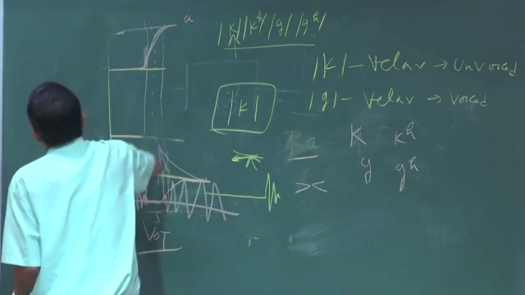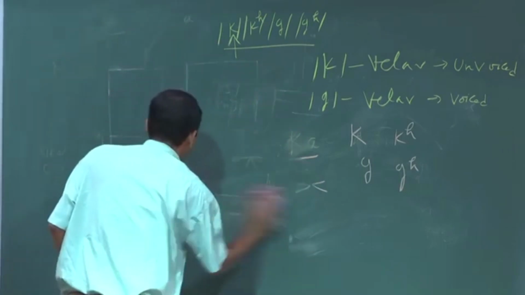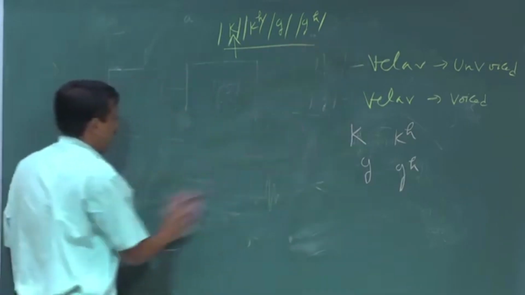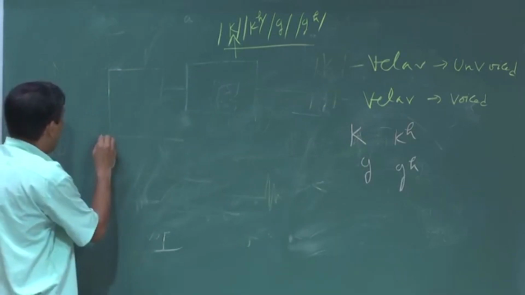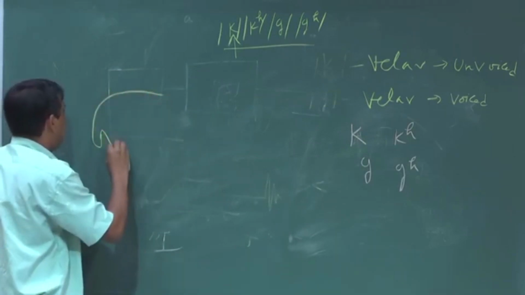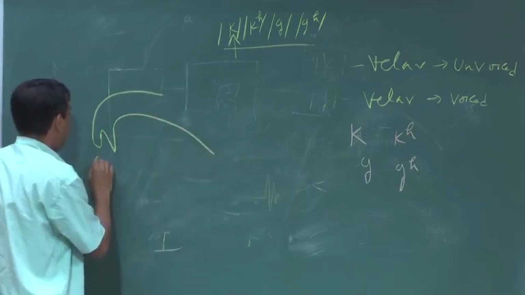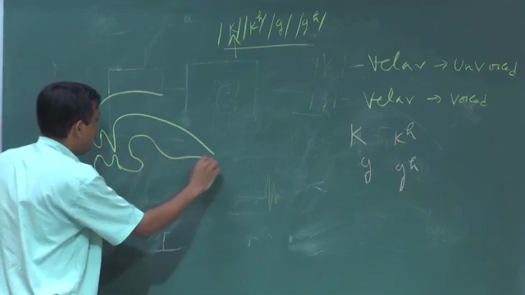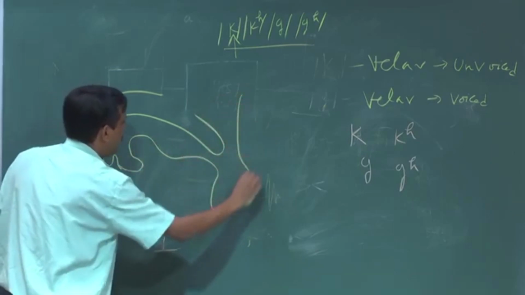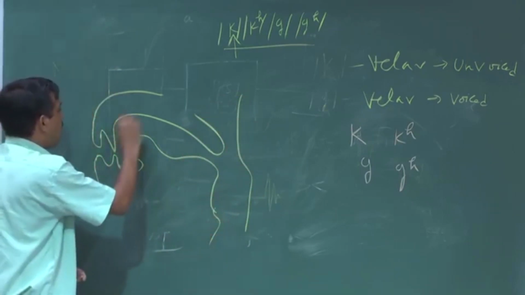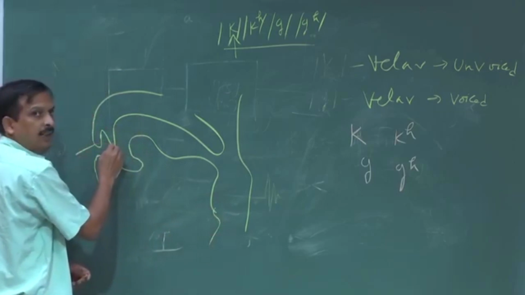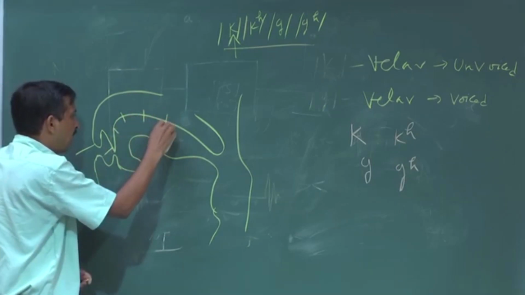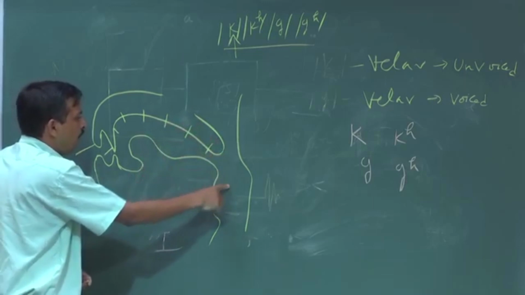If I start from this language, mainly Indian languages, as an example: this is my upper cavity and this is my lower cavity, and this is the velum. In the upper cavity we have bilabial, dental, alveolar, post-alveolar, palatal, velar, uvular, pharyngeal and glottal.